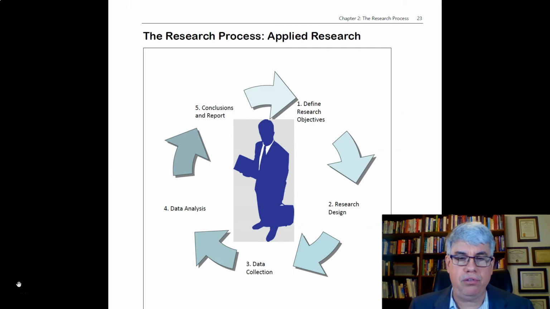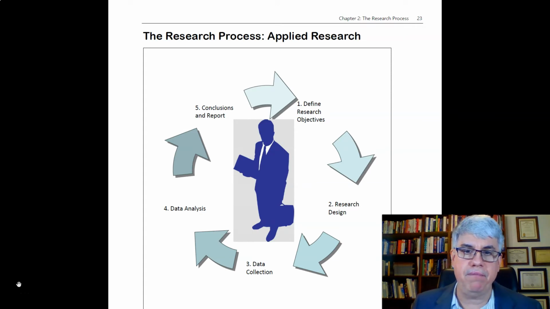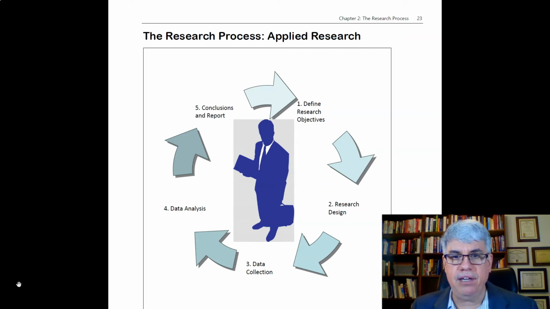So we need to be super specific in defining our research objectives so that we can be sure of getting the information that we need to solve the problem, to make some conclusion, even if that conclusion is the data doesn't give us any conclusions. So we need to start off with very clear defined research objectives.